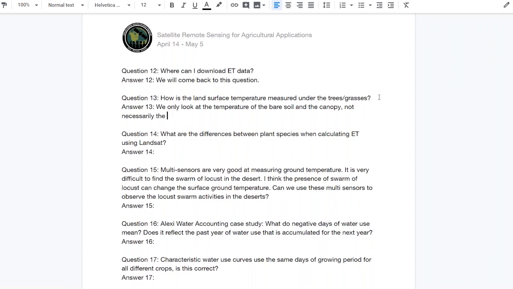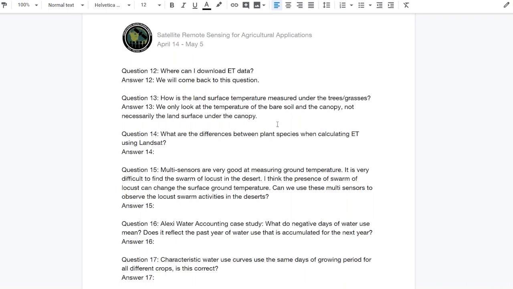It's maybe one of the weaknesses of the thermal based models, that we're sometimes missing important processes that happen with heat transfer between under the canopy and the actual atmosphere. So I'm not sure we do that effectively from a remote sensing standpoint.